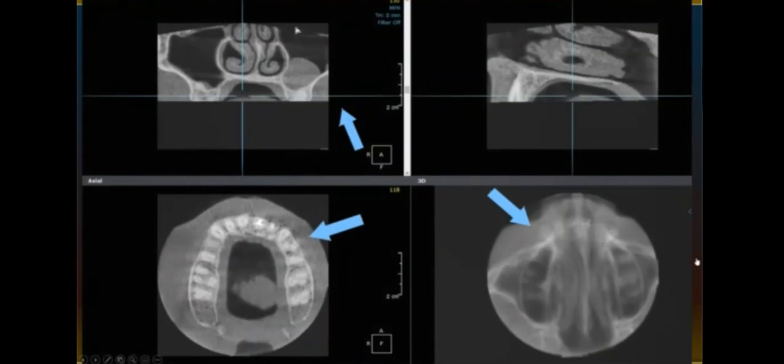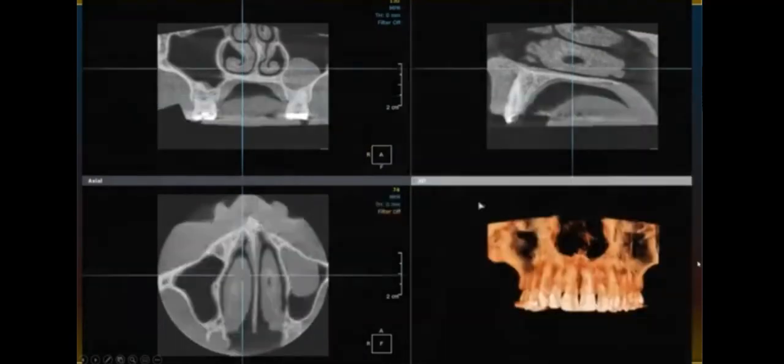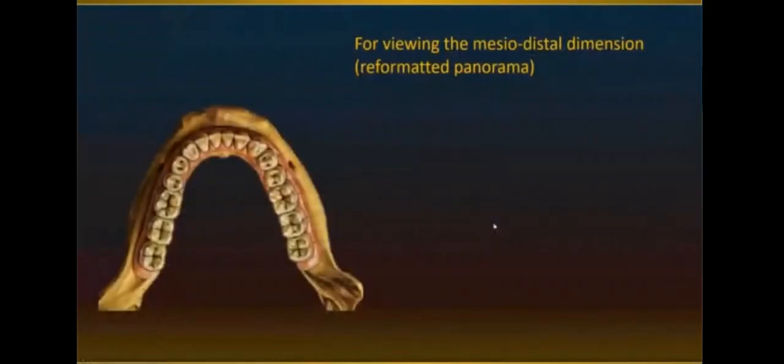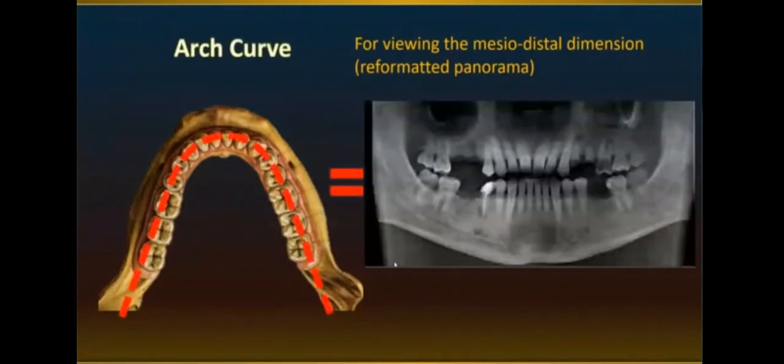As I mentioned in the beginning, in dentistry, we use other cuts. Here we must draw on the axial cut something we call the arch curve. This arch curve is like a custom cut, as if you are getting a knife and cutting this area like this and checking from the front here.